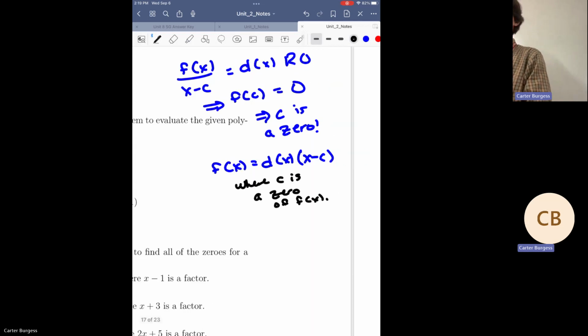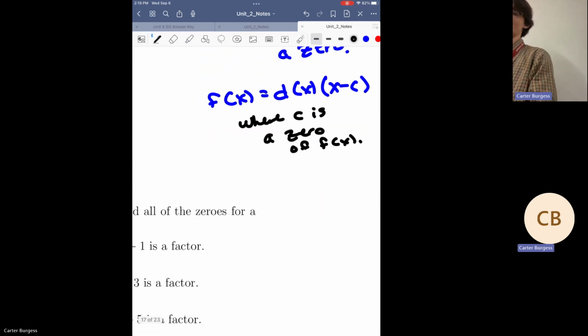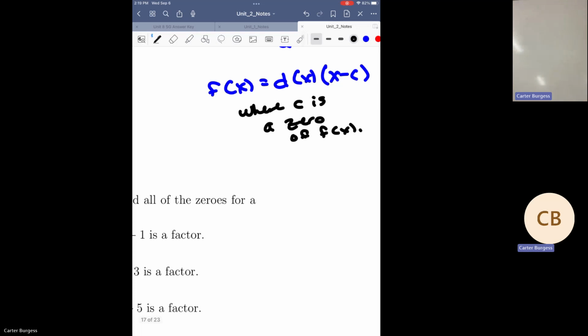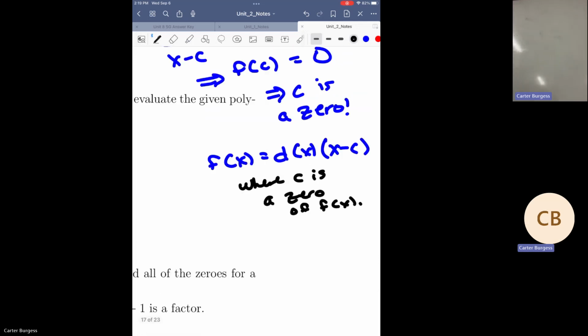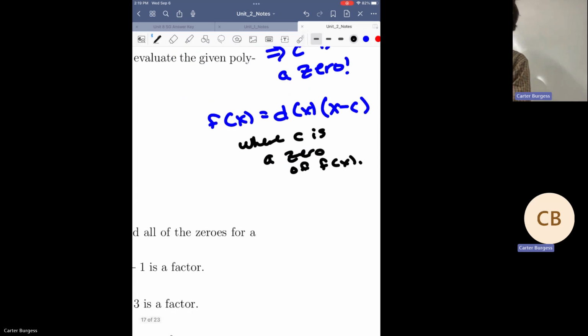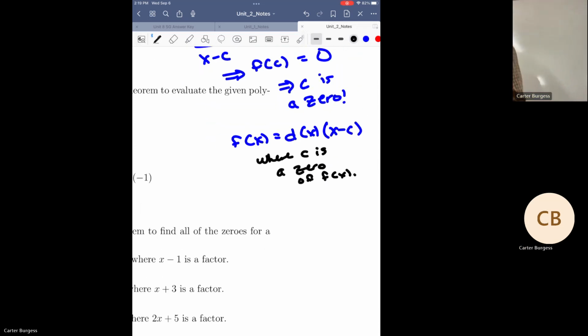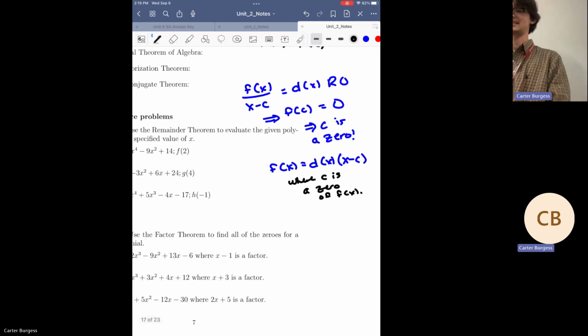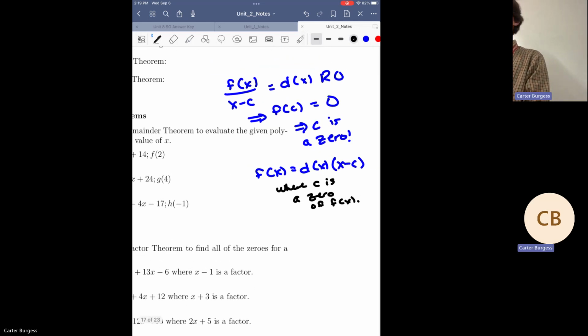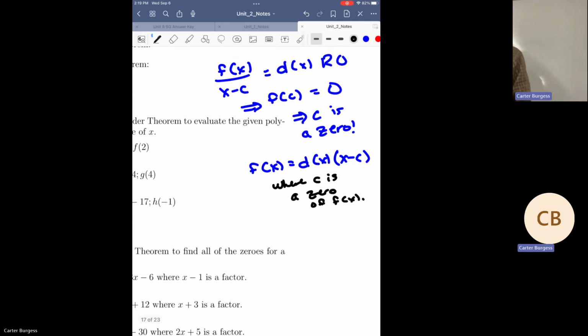Yeah, so this one here is the idea of if we know a zero, then we can write it as x minus c times some other function d of x, where d of x is what we get by doing this division of f of x divided by x minus c. So technically, this is kind of all the factor theorem. It goes in both directions.